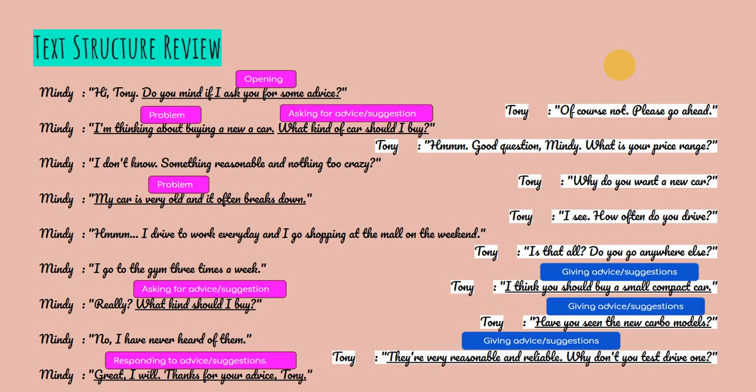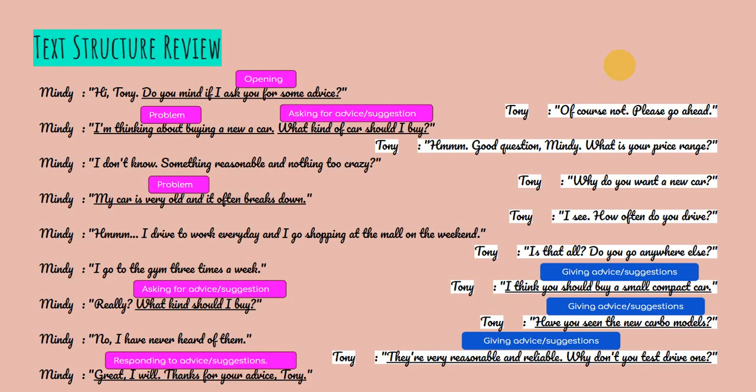Alright, let's go on. And then Mindy said, "No, I've never heard of them." And then Tony said, "They're very reasonable and reliable. Why don't you test drive one?" Okay, "why don't you test drive one" is also included in giving advice or suggestions.